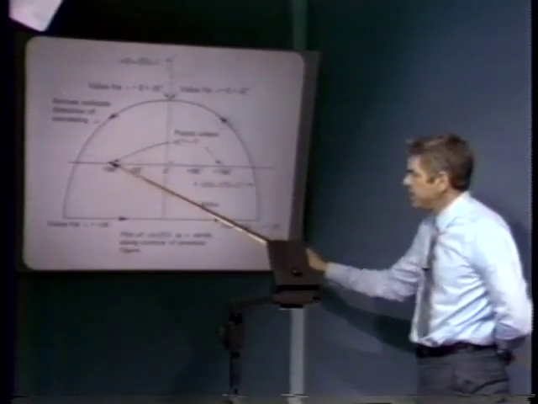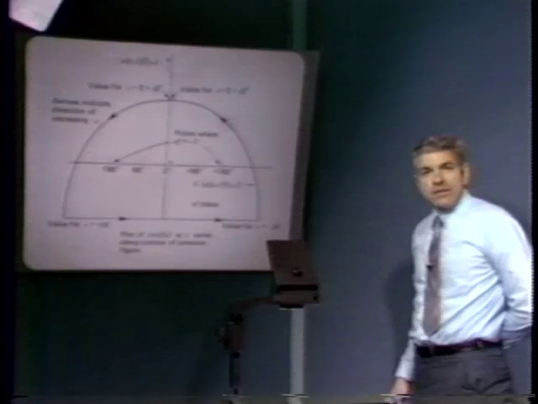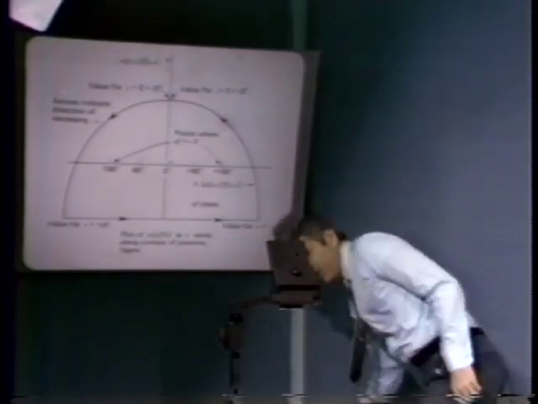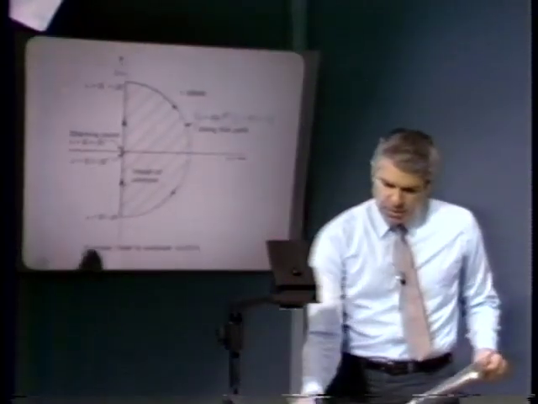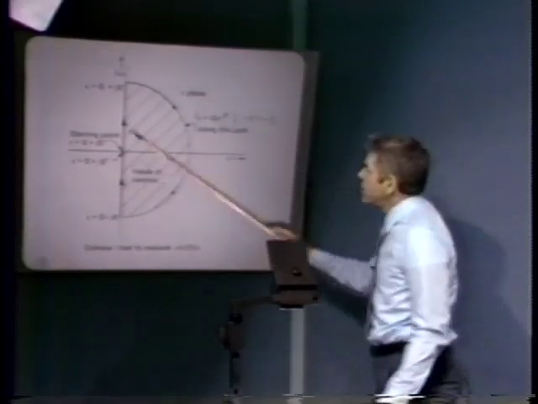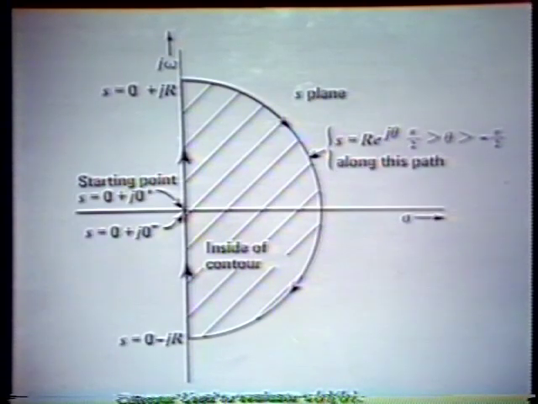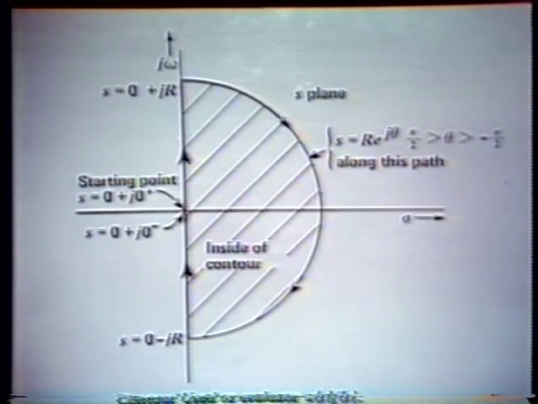There's 2 of them. And our only remaining problem is the determination of insidedness, outsidedness. In other words, we look at our original construction, and we readily identify this as the inside of the contour in the S-plane.